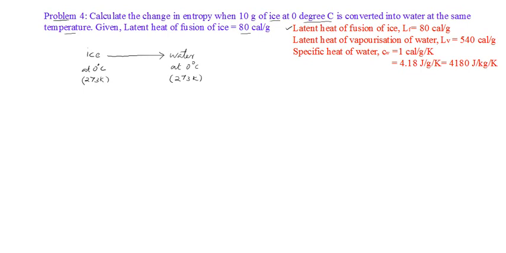As we have seen, every first order phase transition involves some sort of heat, that is known as the latent heat. And the latent heat here, for conversion of ice to water, is the latent heat of fusion of ice, whose value has been provided along with the problem.